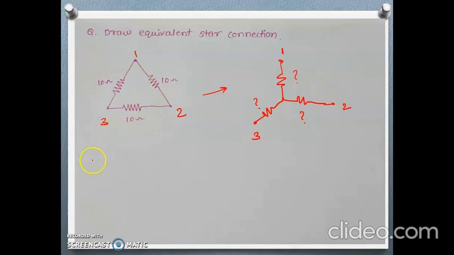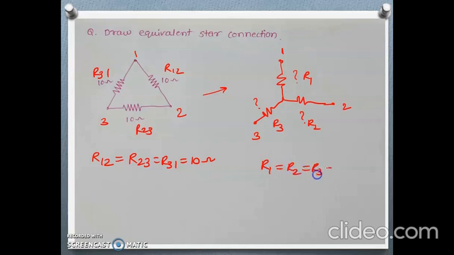Here this is R12, this R23 and this R31, and all are the same: R12 equals R23 equals R31 equals 10 ohm. Then R1, R2 and R3 will also be the same, because this is the equivalent star of the given delta. These are identical, so this is also identical. Let's calculate.